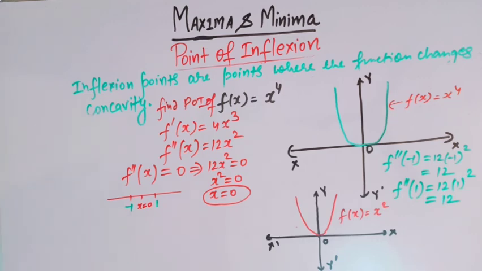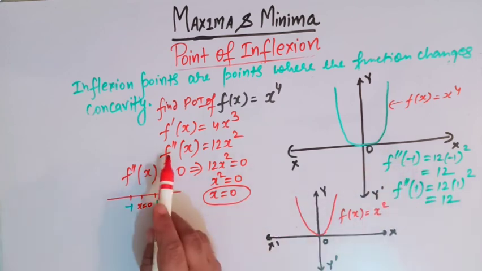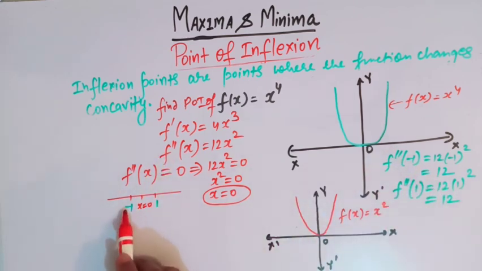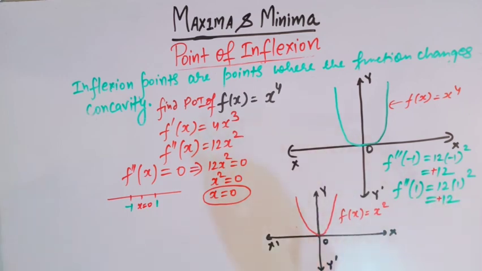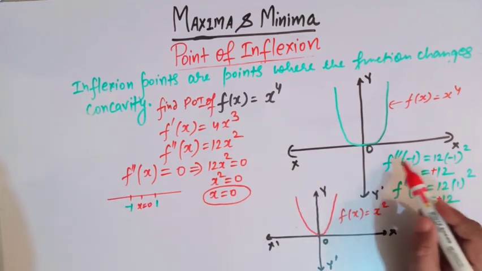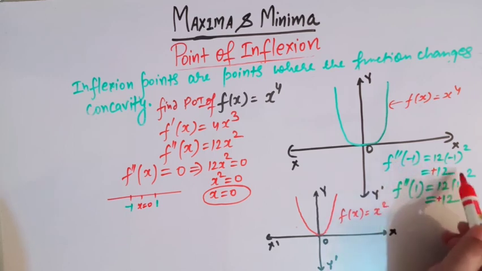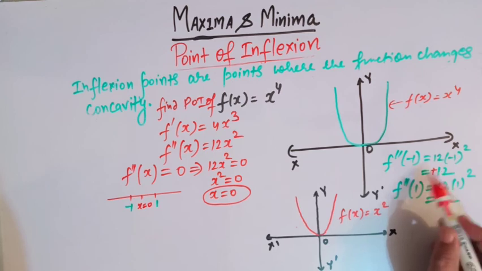Now viewers, here we see that the sign of the second derivative does not change when we move from -1 to 1 through x equal to 0, because here we have positive sign and here also we have positive sign. Here whenever we calculate the second derivative, we are not interested in the numerical value, we are interested only in the sign, right?